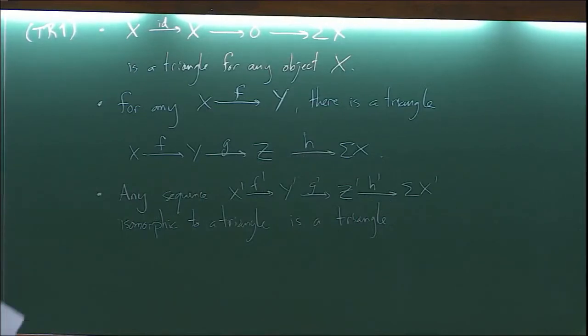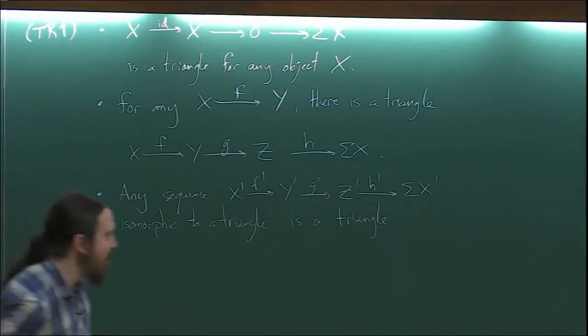Okay, so this axiom states basically that there's a minimal number of triangles in your collection of triangles.